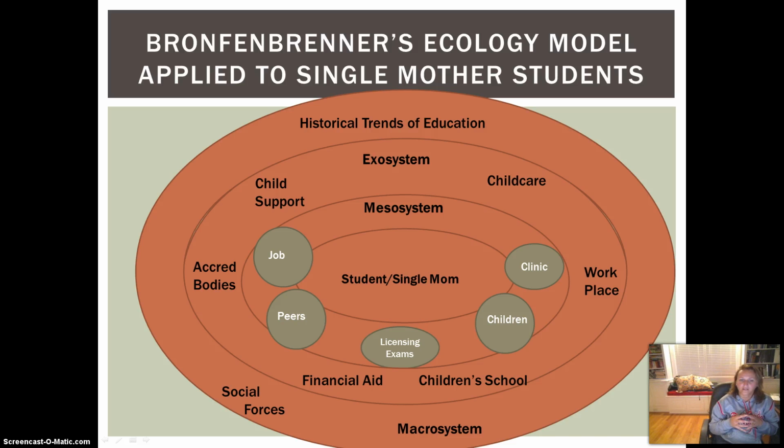The mesosystem is basically built up of different microsystems. And those microsystems that I've applied to the single moms are their job, their peers, the clinical activities they have to do, their children, and the licensing exams that they're going to have to pass upon graduation in order to practice in their field of study.